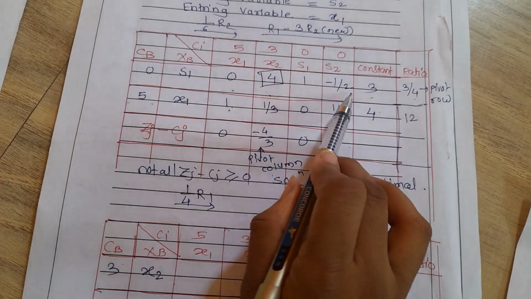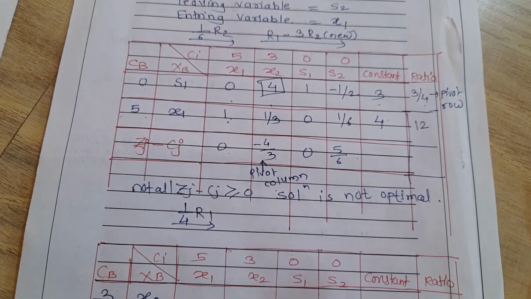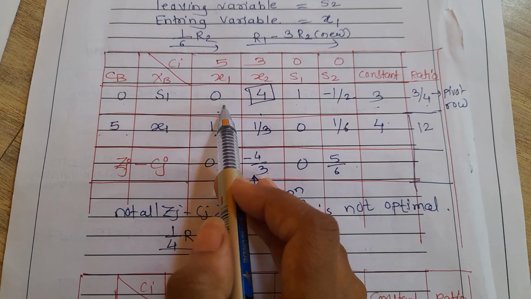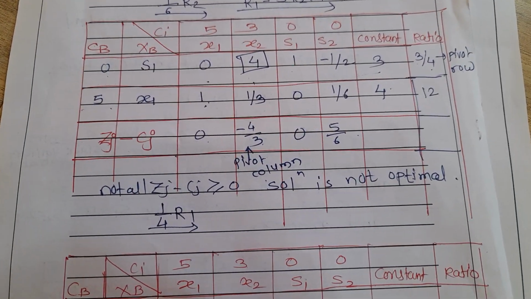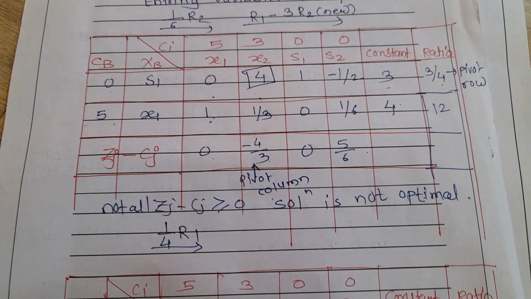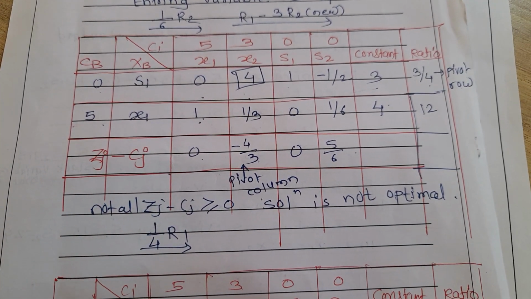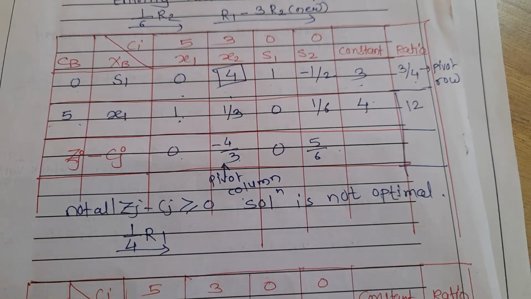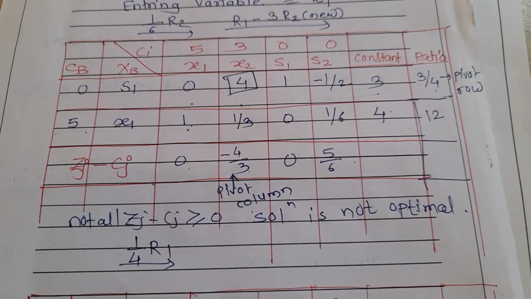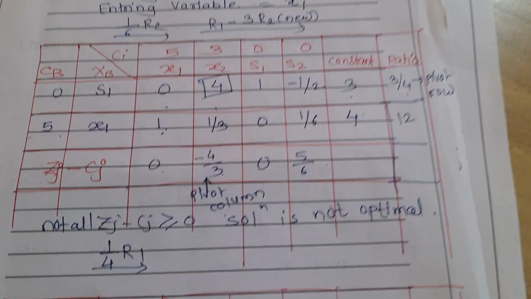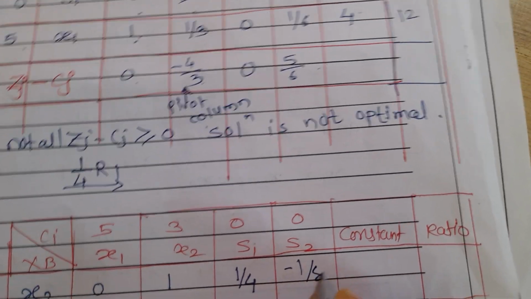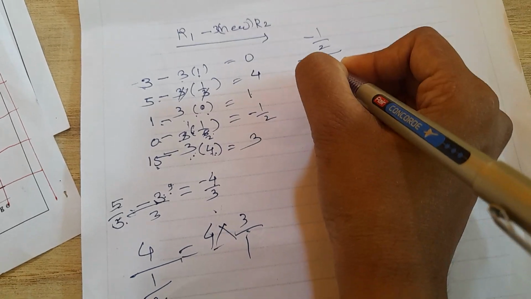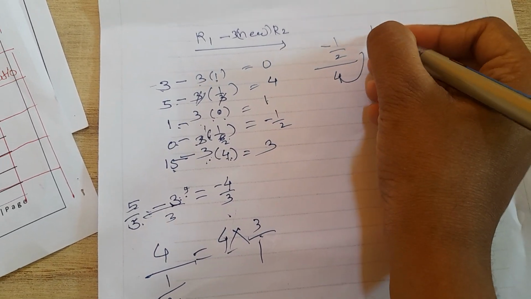Therefore, we divide all the corresponding elements of the row by 4. First 0 divided by 4 is 0. 4 by 4 is 1. 1 upon 4 is 1 upon 4. Minus 1 upon 2 divided by 4 is minus 1 upon 8. How does it become that? Minus 1 upon 2 upon 4, then the 4 becomes 1 upon 4 in the denominator.